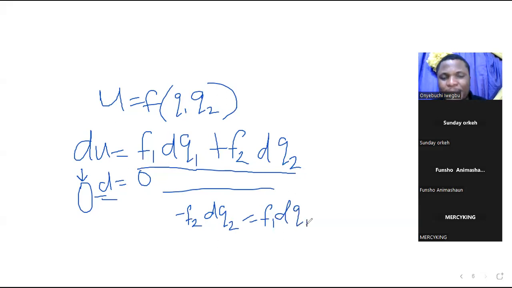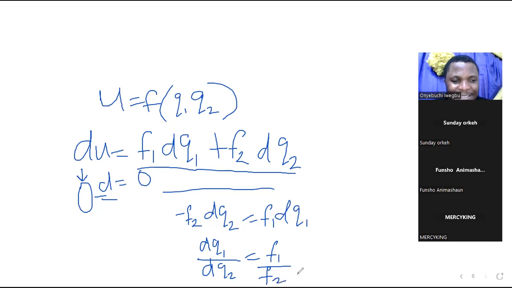I will divide both sides by dQ1, and divide both sides by dQ2, so that anyhow I do it, dQ1 over dQ2, later you can check the maths, please, must be equal to F1 over what?